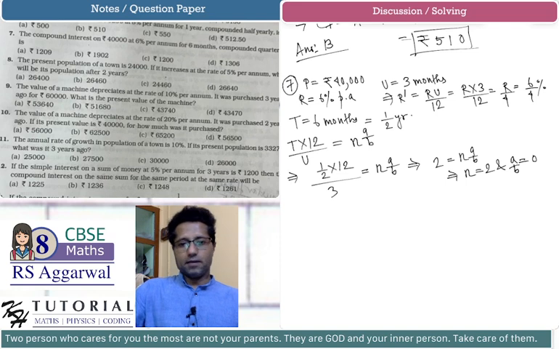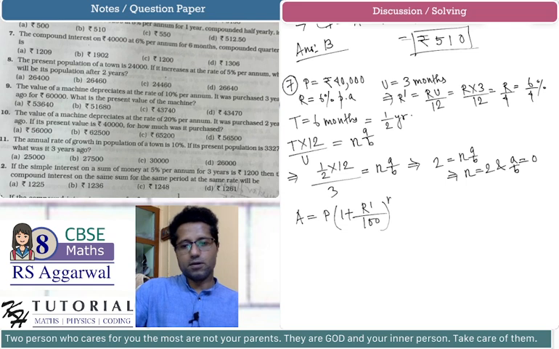Now we can apply the general formula for the amount. So amount will be equal to P multiplied by 1 plus R dash by 100 to the power small n, multiplied by 1 plus the fraction a by b R dash by 100.